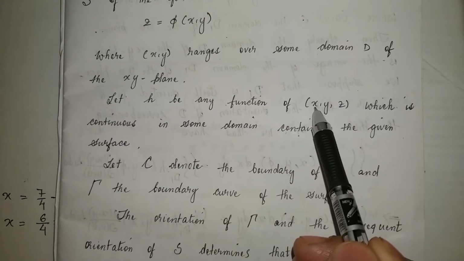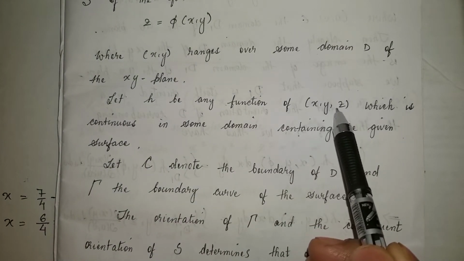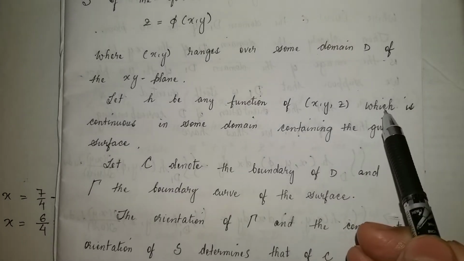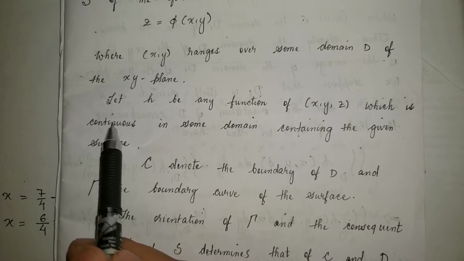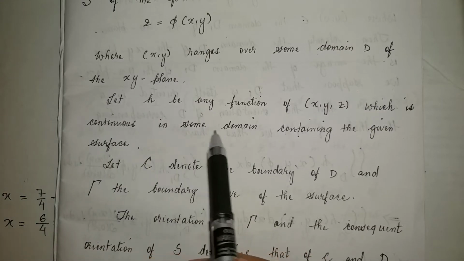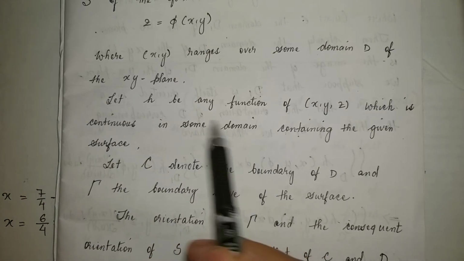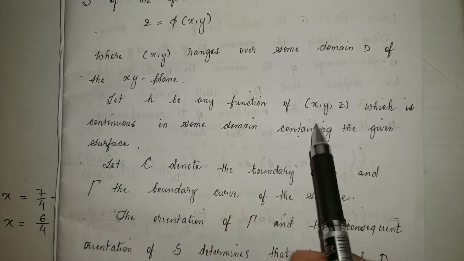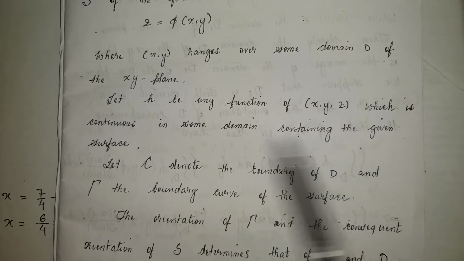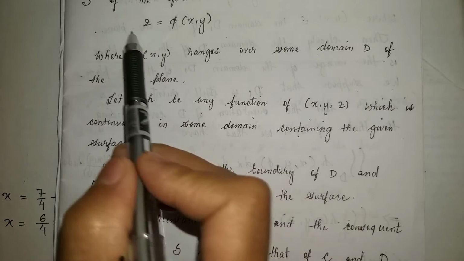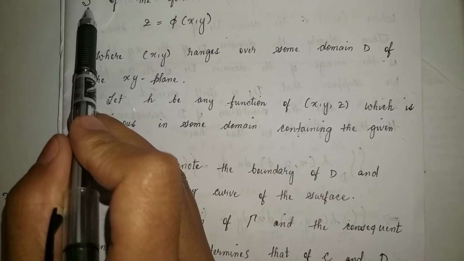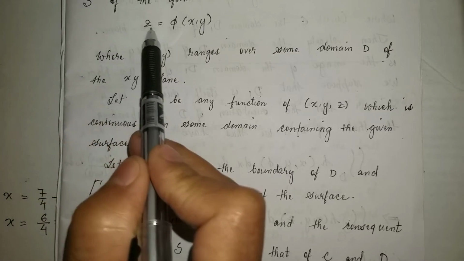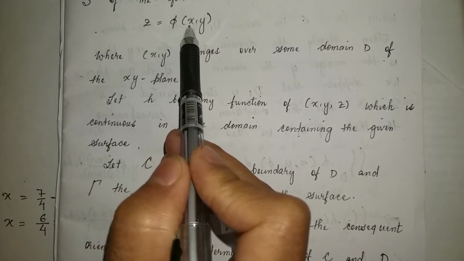It has three variables, x, y, and z, and it also should be continuous in its domain, and that domain of this function h should contain the given surface S. This surface S is in the form of z equal to phi of x, y.